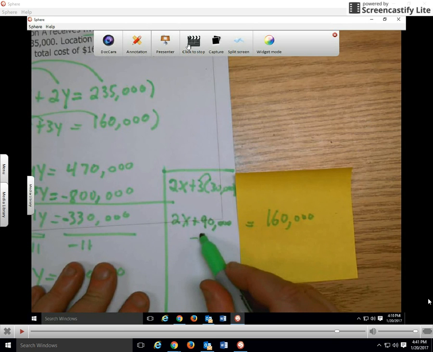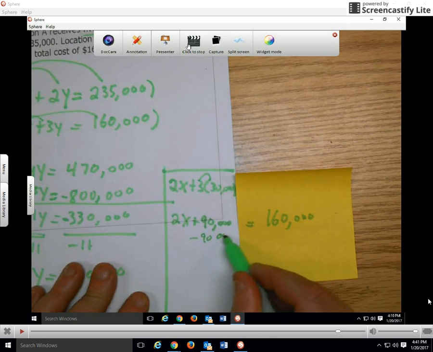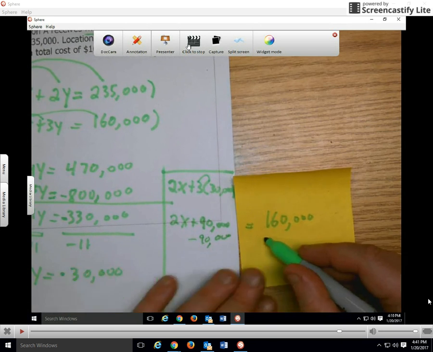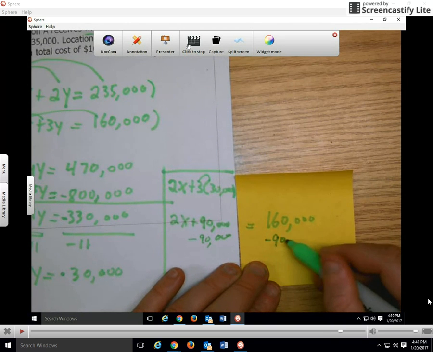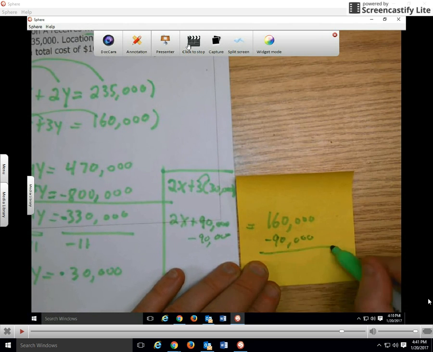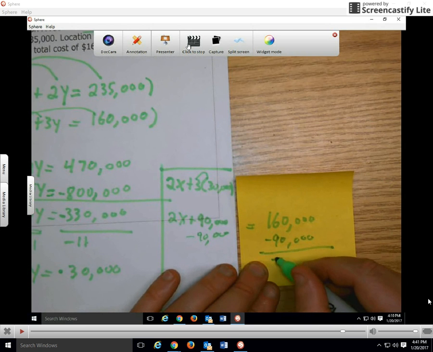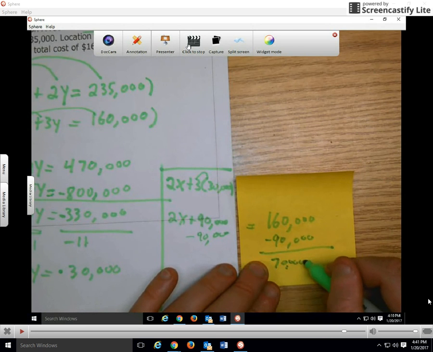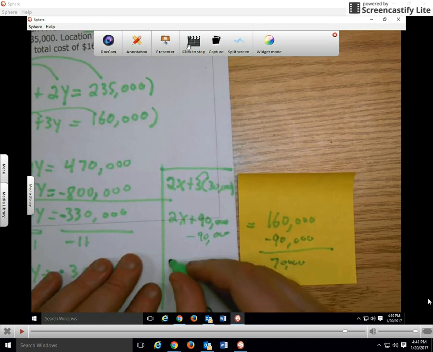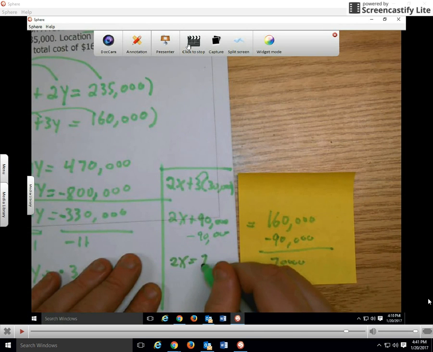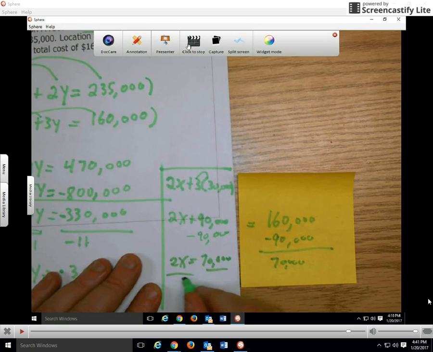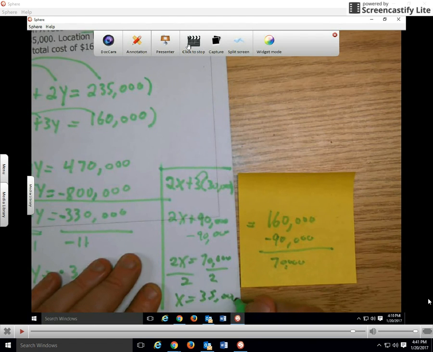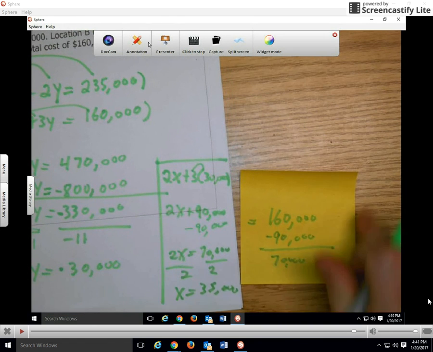Subtract. Get 70,000. So 2x equals 70,000. Divide both sides by 2, and x equals 35,000.